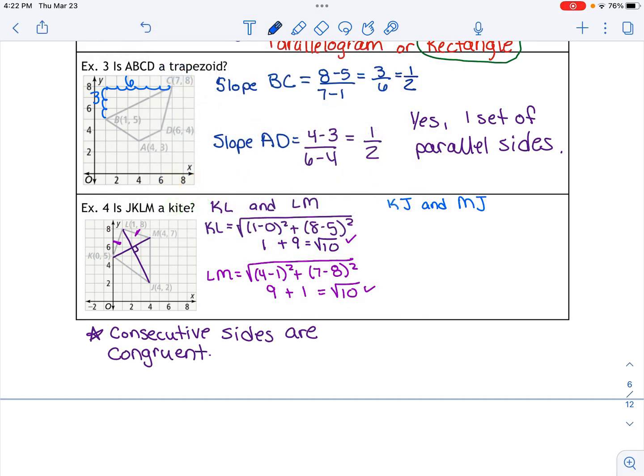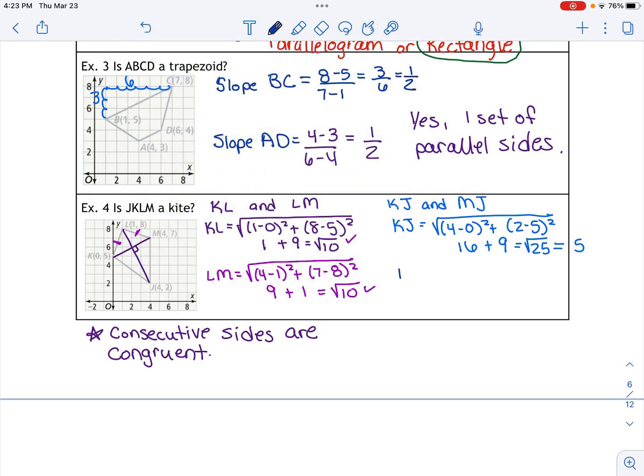So now we're going to use the distance formula on K to J. So let's plug it in. 4 minus 0 squared plus 2 minus 5. Grouping your x's and grouping your y's. 16. 2 minus 5 is negative 3. When you square a negative, it becomes positive. You get square root of 25. And you can leave it like that, or square root of 25 is 5.